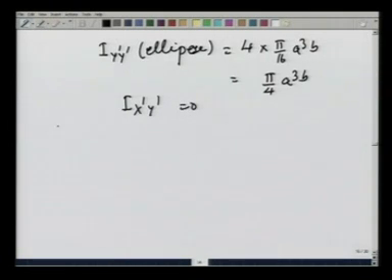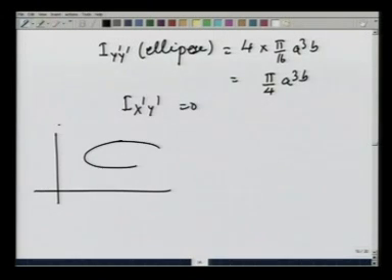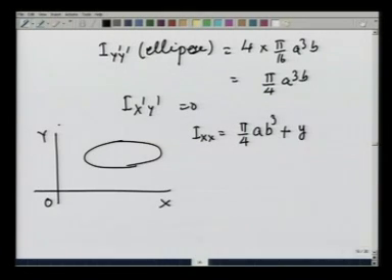Therefore, for this ellipse, we will have I_xx as pi by 4 a b cubed, which is the second moment of area about the x' axis passing through the centroid, plus y_0 squared times pi a b, where pi a b is the area of the ellipse.